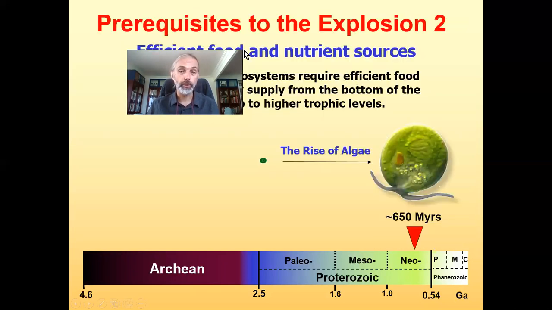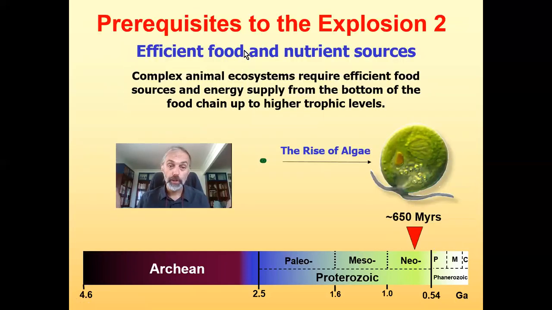Prerequisite number 2, the rise of algae, food. For complex ecosystems and large complex creatures to evolve, you simply had to have an efficient carbon and nutrient source. From the bottom of the food chain, where the primary producers are, enough energy and nutrients had to be there to trickle up for different trophic levels towards our top predator.